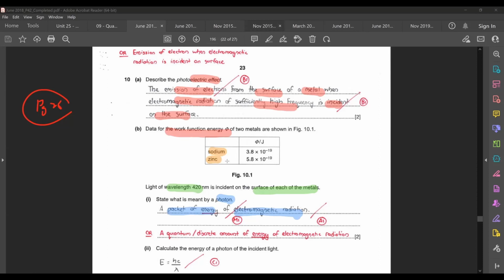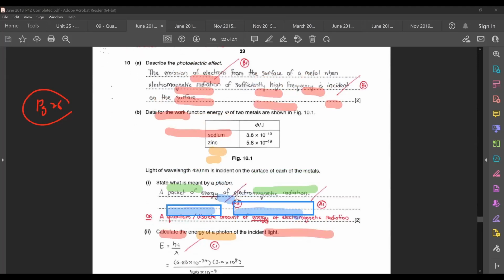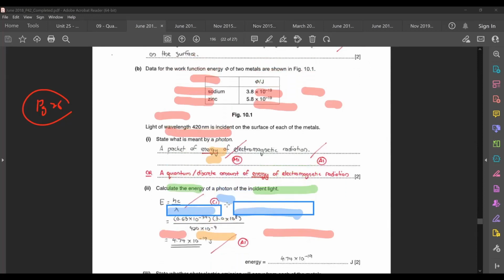If you say it's a packet of energy, it's 1 mark. If you say it's EM radiation, it's another mark. But in your marking scheme, they can also word it differently. They can call it a quantum of energy of electromagnetic radiation, or a discrete amount of energy of electromagnetic radiation. Any one would be acceptable.